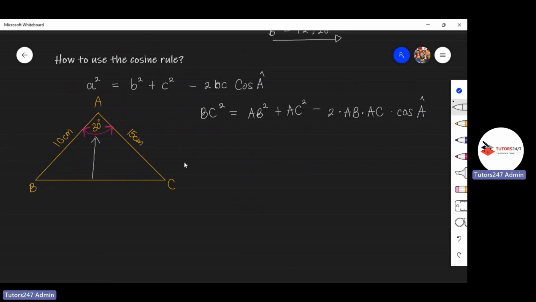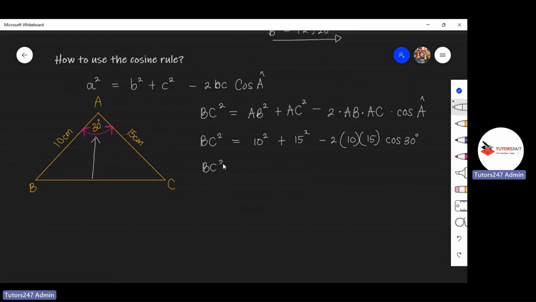Now we can start to substitute. So we're going to substitute in place of AB, which is 10, don't forget to square that, plus AC, which is 15, don't forget to square that, minus 2 times AB of 10 times AC of 15 times cos of our angle 30 degrees.